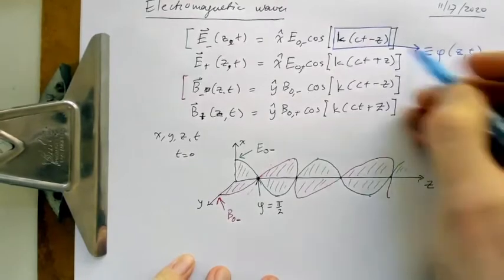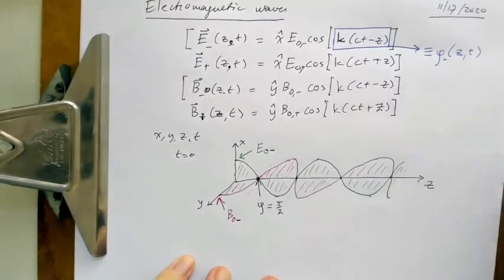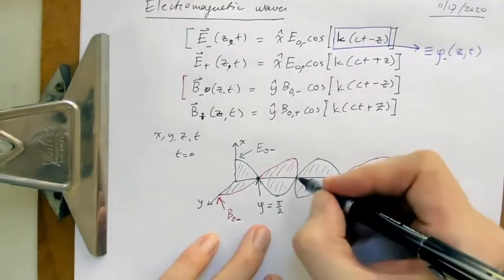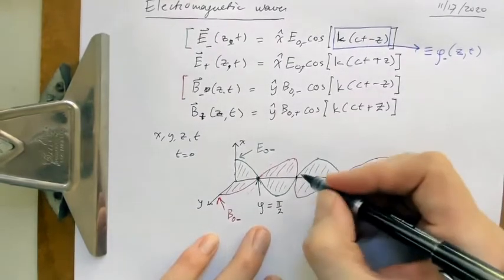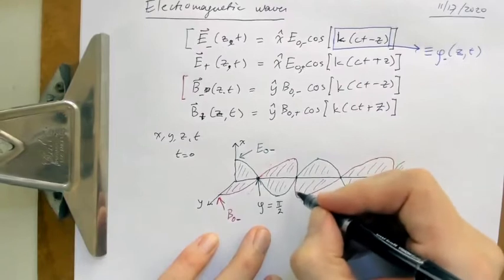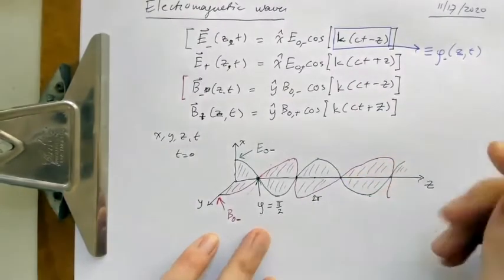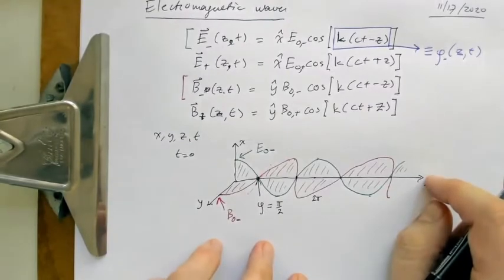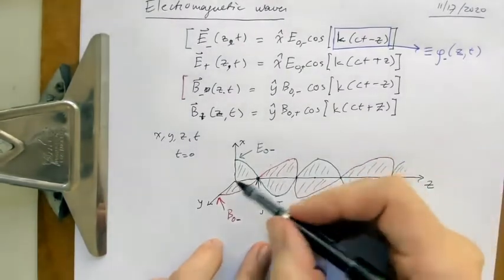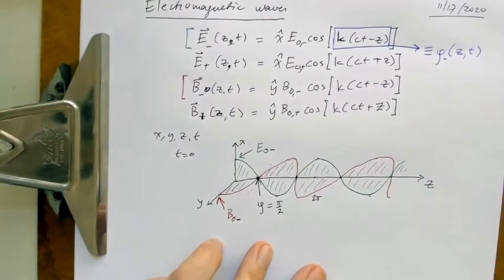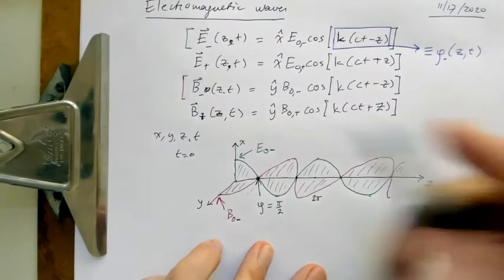And this is the phase for the minus sign. So this is where it's pi over 2, this is where it's 3 pi over 2, and this is where it's 2 pi. All right, so the wave looks just like that.